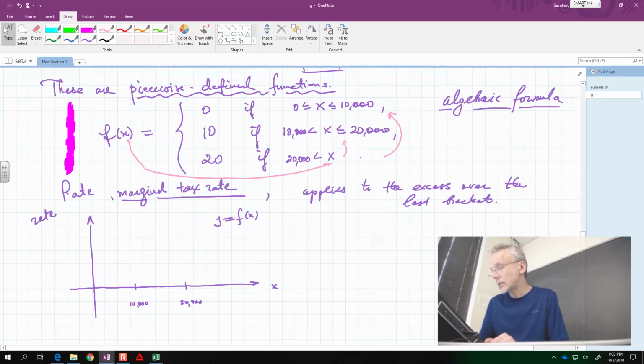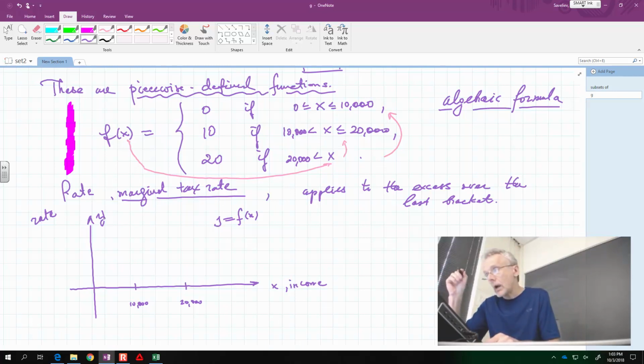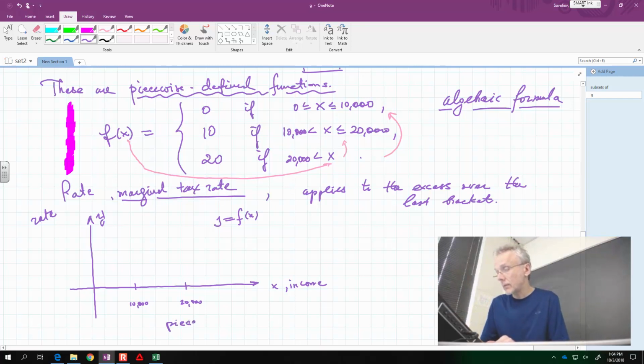So x is your input, income, and this is the rate right here. That's y. As you can see, there is no change in the value of y within any of the three intervals, or pieces. So these are the pieces. That's why it's called piecewise defined.